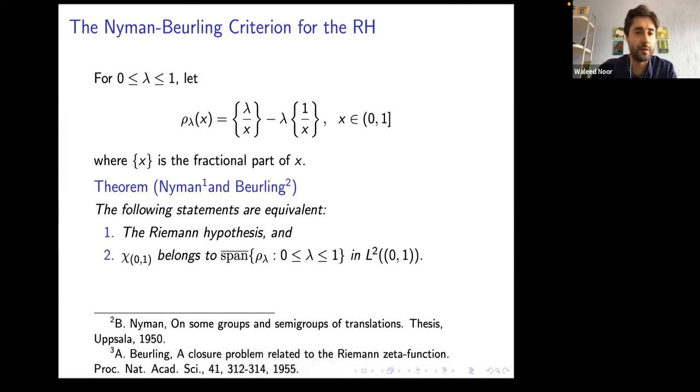So this is the Nyman-Beurling criterion for the Riemann hypothesis, about 70 years old now. So basically, the Riemann hypothesis is recast as a problem of approximation in L2. So it has absolutely no number theoretic content. So of course, this spawned a lot of research. A lot of work was done after this, because of course, then you could use Hilbert space methods, etc.